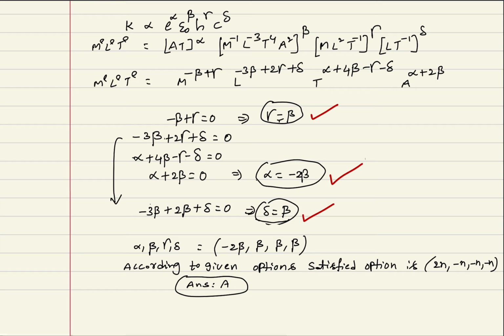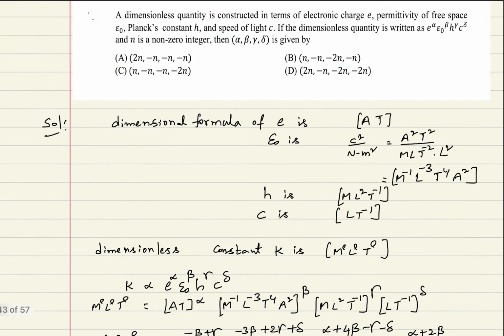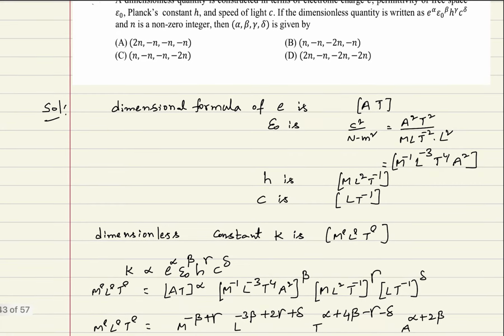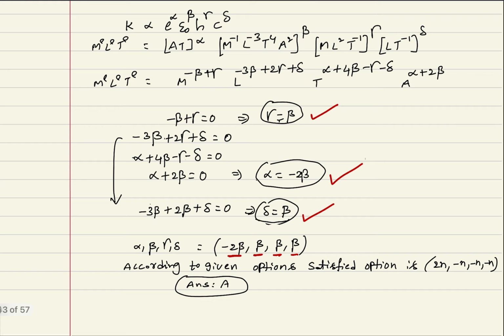I am getting gamma is equal to beta, alpha is equal to minus 2 beta, delta is equal to beta. So alpha, beta, gamma, delta are minus 2 beta, beta, beta, beta. But if you see the options, they have given 2n, minus n like that.